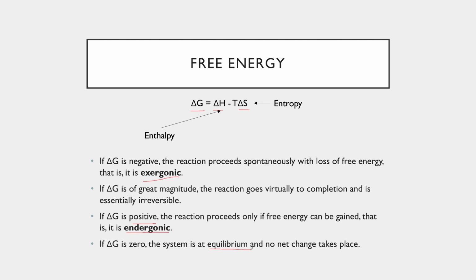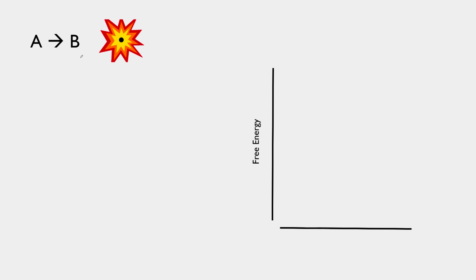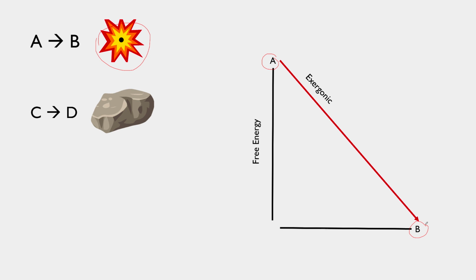So now let's look more closely at the terms exergonic and endergonic in the context of a reaction scheme. First, let's look at the reaction from A to B. In this reaction, we'll say the delta G is negative, and it's spontaneous. This reaction would be exergonic, and the reactants A would be at a higher energy state than the products B. Conversely, if we look at the reaction C to D, this is pretty unlikely, as indicated here by this rock.